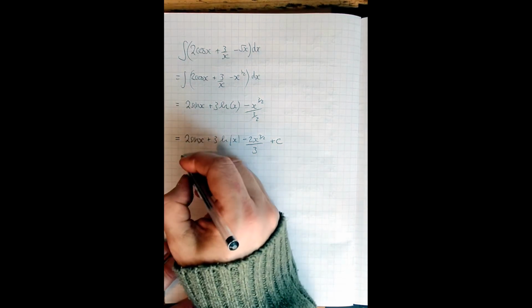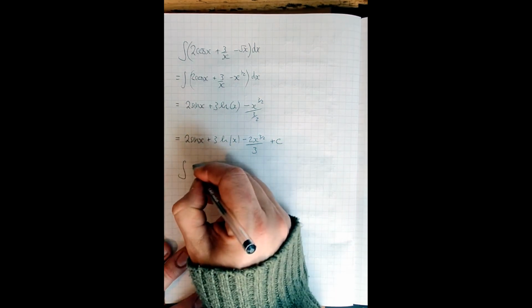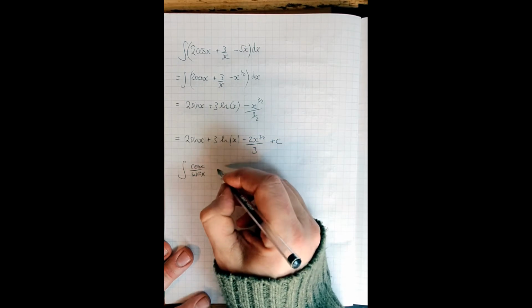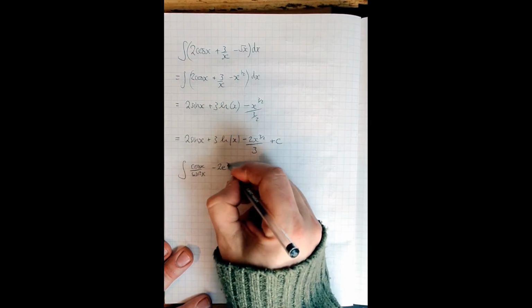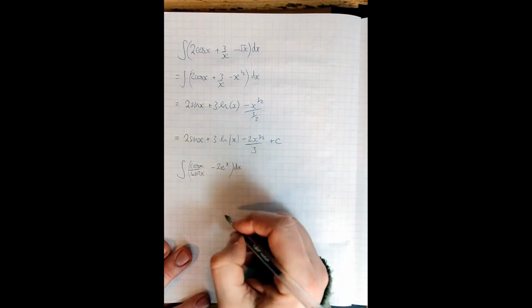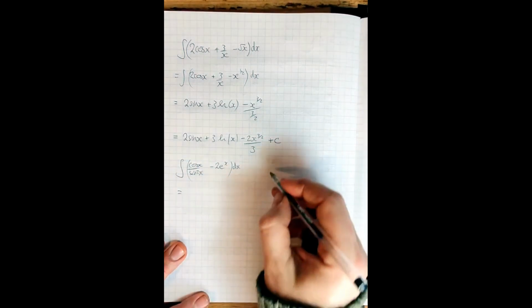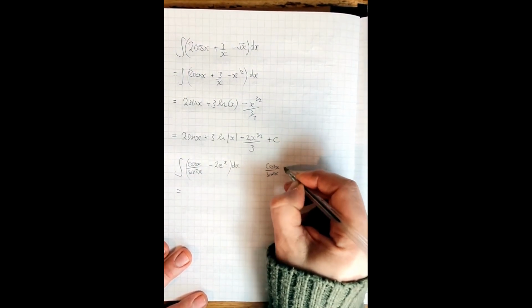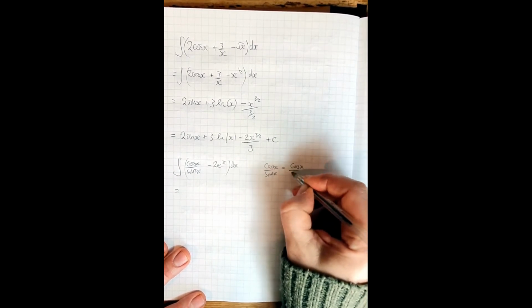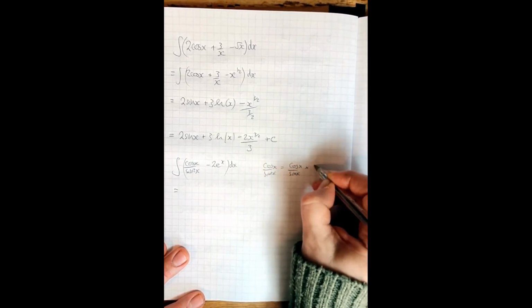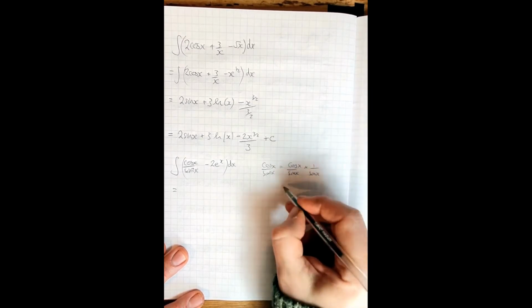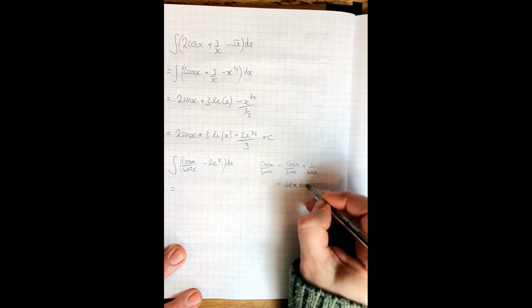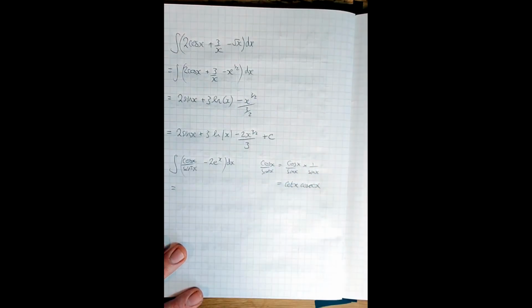Part B, the integral of cos x over sine squared x minus 2e to the x. So I'm going to write cos x over sine squared x as cos x over sine x times 1 over sine x, and of course that's cot x cosec x.